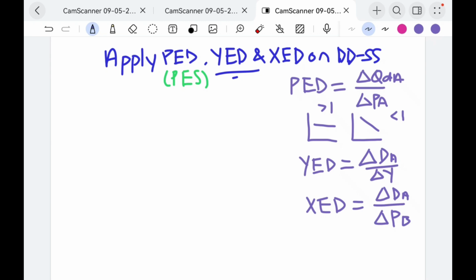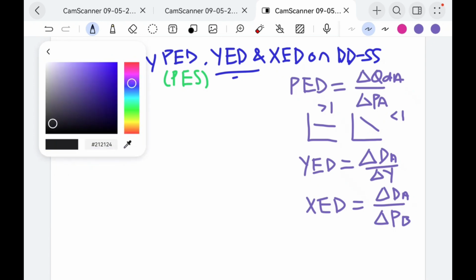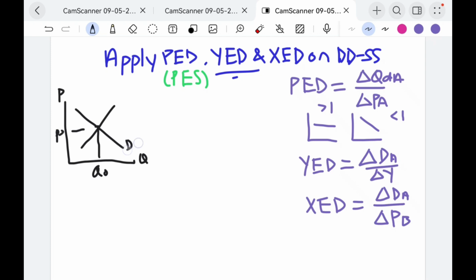Okay, so in your application to the graph, how you can do is that you will still draw your typical demand supply curve, but how do you infuse elasticity into it? So a normal demand supply curve will look like that. PQ, then you have your Q0, P0, D0, S0.